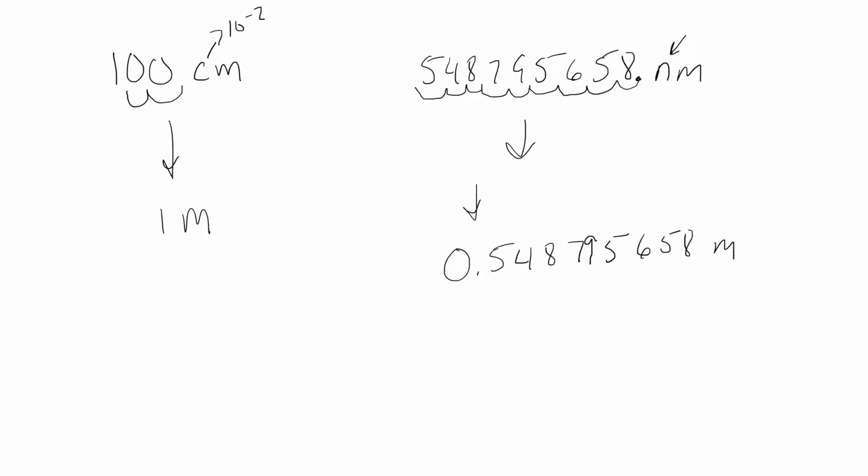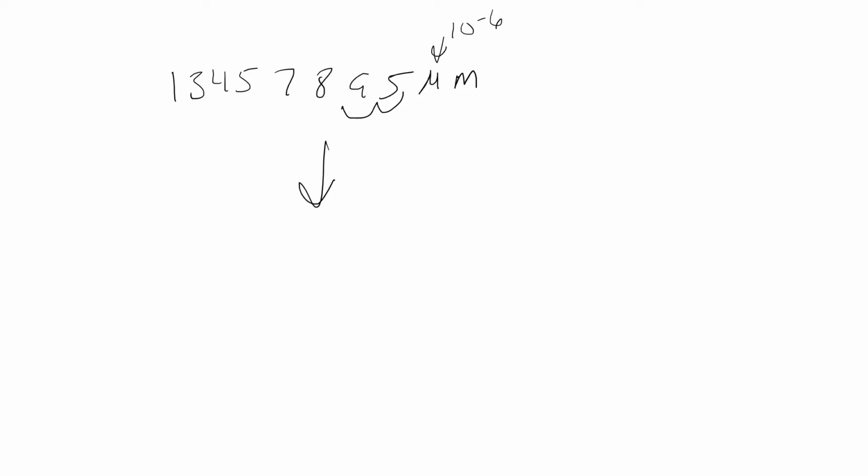All right, let's try another one. Let's say I have 13457895 micrometers. What I need to know is that micro is 10 to the negative 6, and let's say I want to go to meters. If I'm going to meters, I want to go 1, 2, 3, 4, 5, 6.